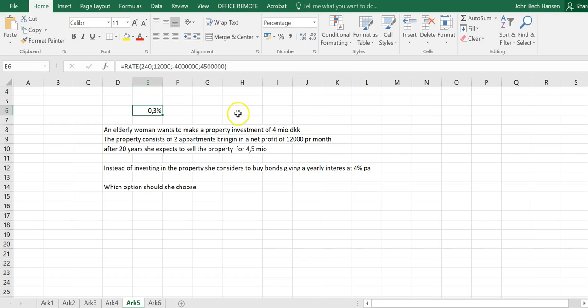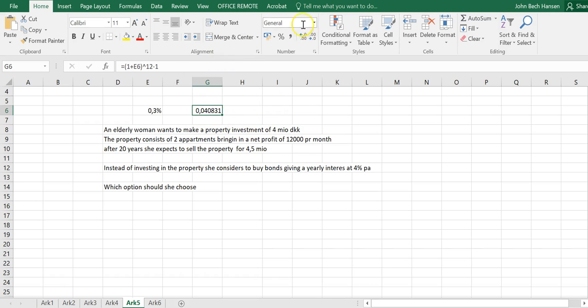So if I'm going to calculate that into a yearly figure, because this is 4% per year, we have to know the way to calculate the effective interest, and that is 1 plus the interest, raised to the power of how many times we calculate per year, minus 1.